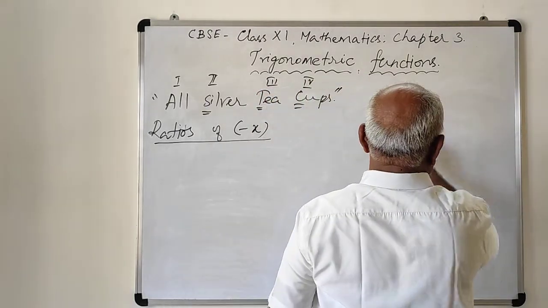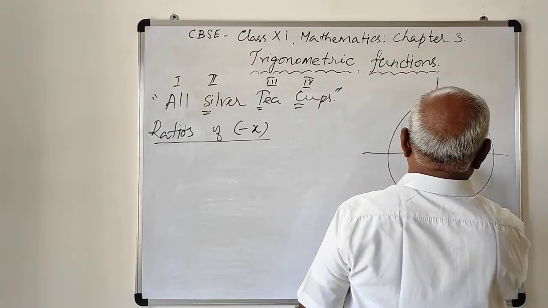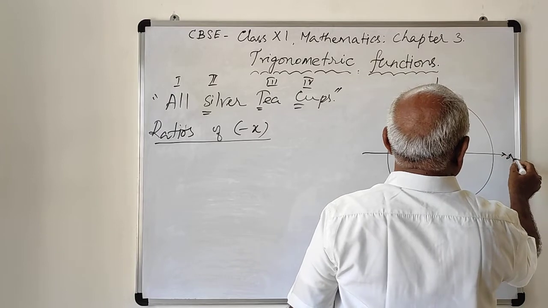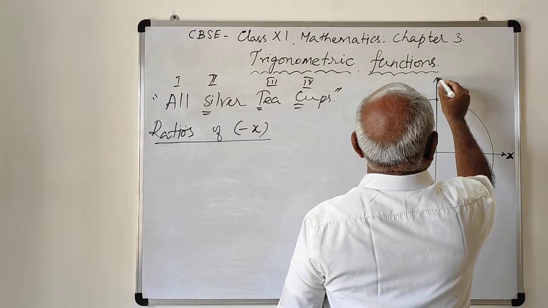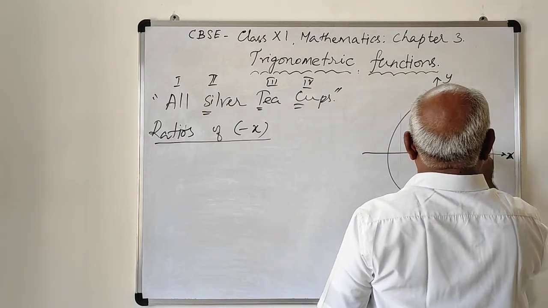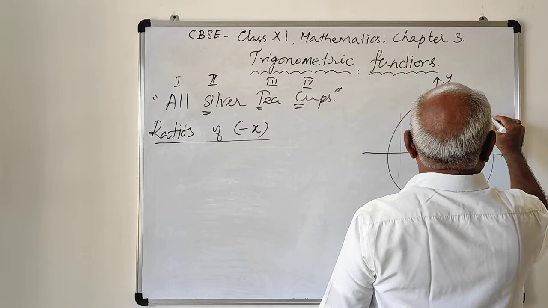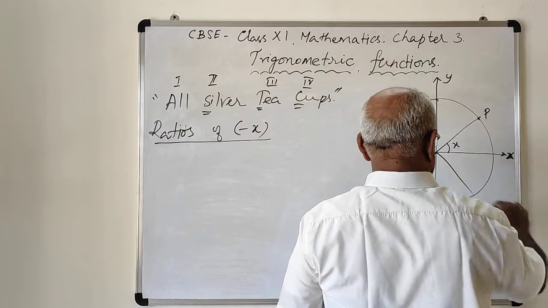I will consider a unit circle. This is the horizontal x-axis. This is the y-axis. See, this is angle x, XOP, the same angle.